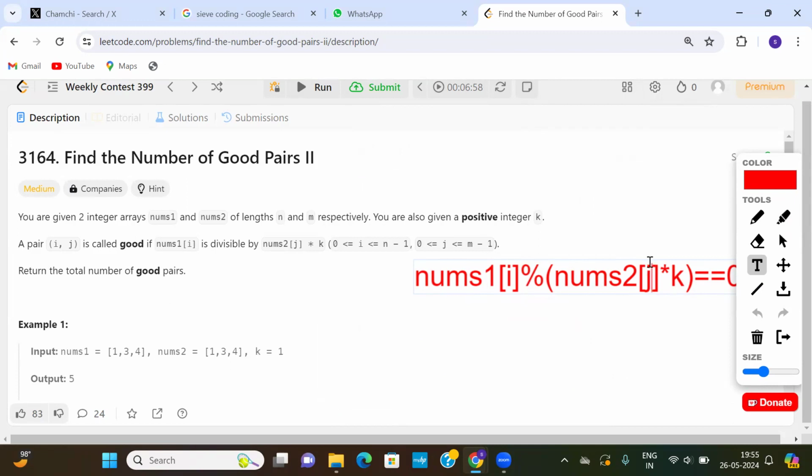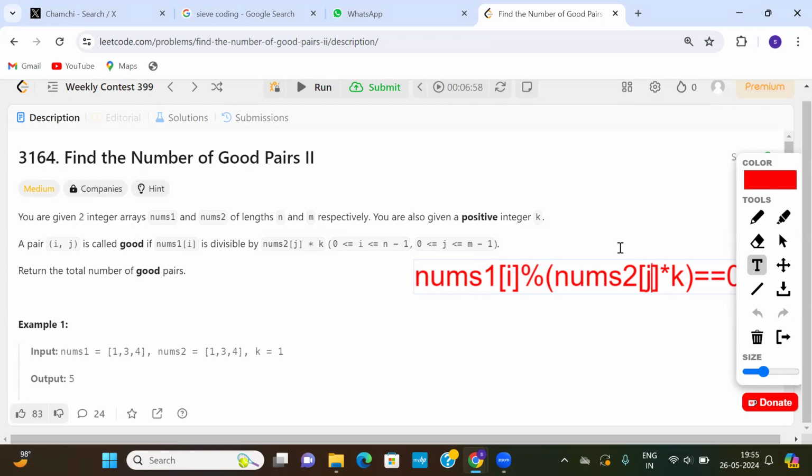Then nums1 at index i mod x equals 0 means that x is a divisor of nums1 at index i. So we will calculate all the divisors of nums1 at index i, and then see whether that divisor exists in nums2 or not. If that divisor exists in nums2, then we will add the frequency of that number to our answer.